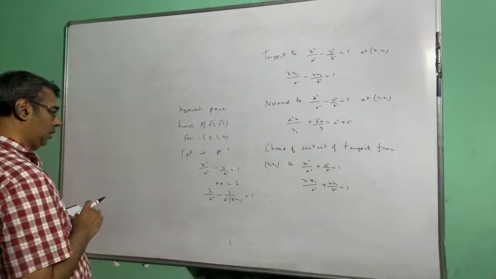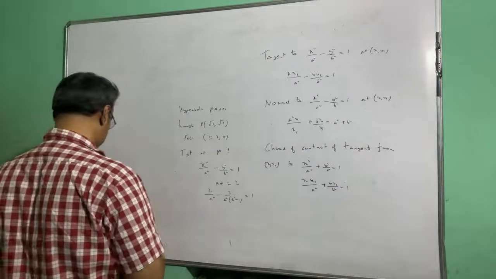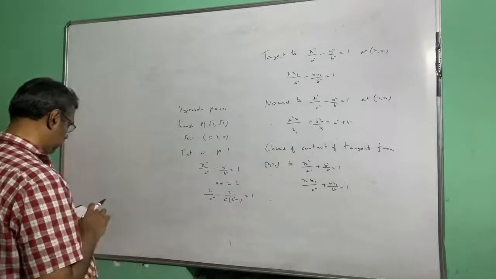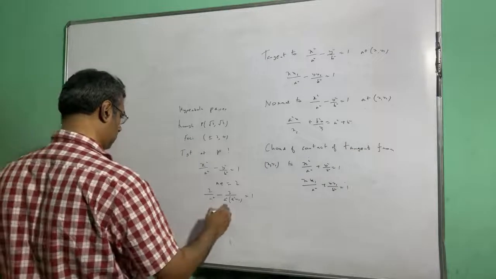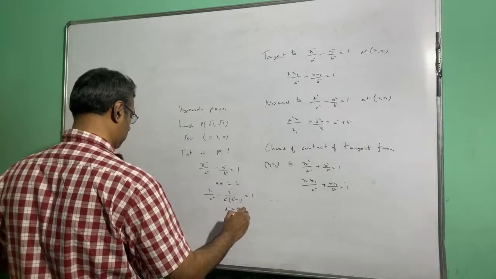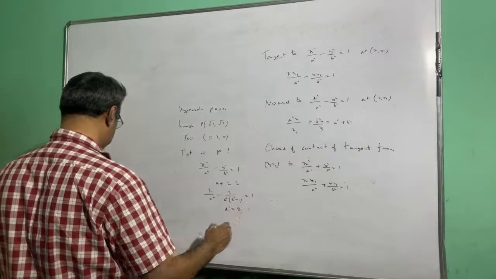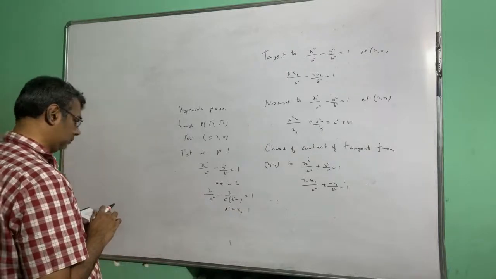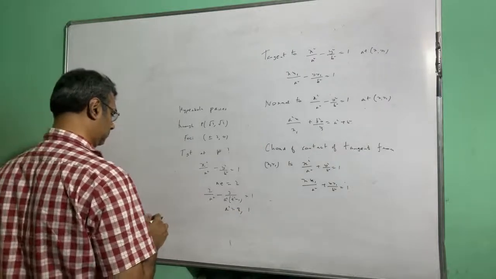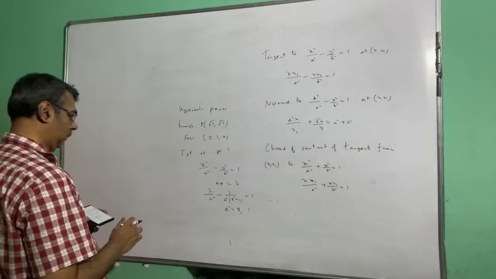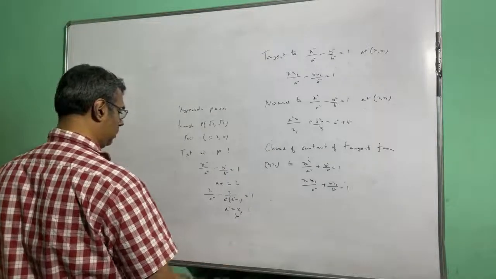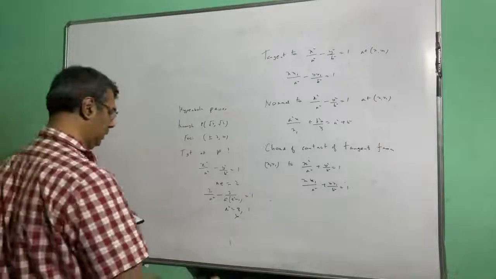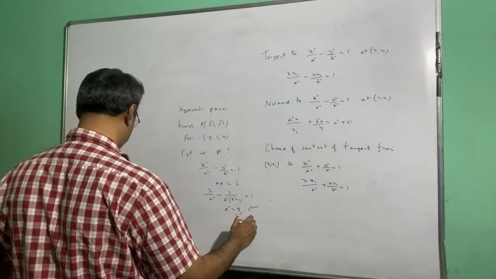So 2 by a square minus 3 by a square into e square minus 1 is 1. So a square is either 8 or 1. But a square equal to 8 is not possible, then b is coming negative, so a square has to be 1.